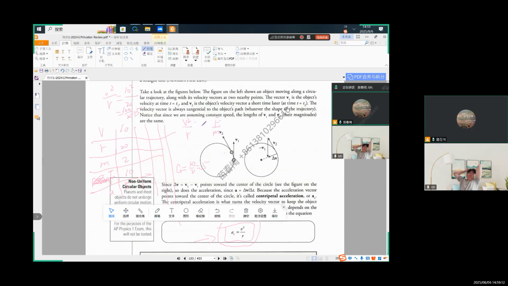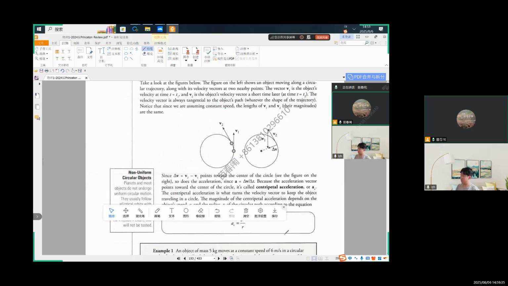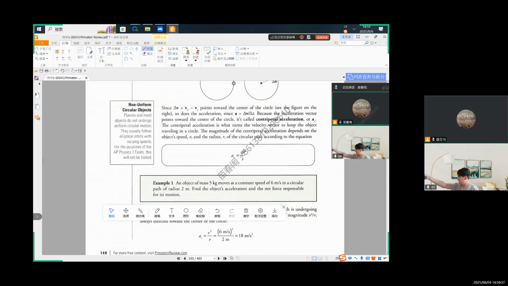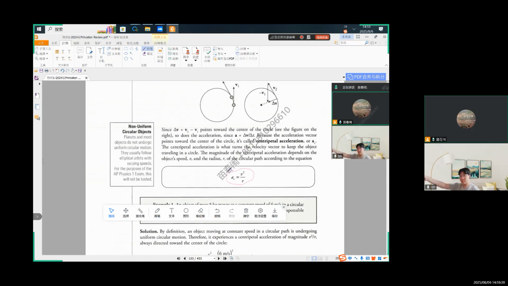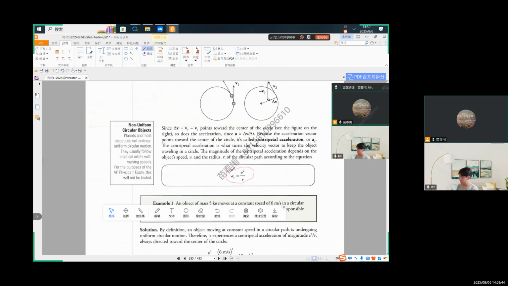So eventually I can say they must be equal, they equal a, and this one must also equal a, right? This is Newton's second law. And you find the acceleration always equals v squared over r. Does that make sense? Yeah. As long as it's a constant circular motion, that will happen, and it can be proved by calculus. You finish learning it later. So now I can just use it every time you make a circular motion. This is working. Does that make sense? Yeah. So let's do problem 1 then.